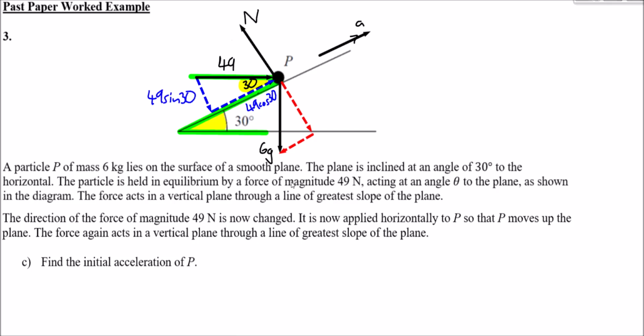So the component going down the slope will be 6g sine 30. Again, needing to know this is 30, but this should be something you've got practice with now. And for completion going perpendicularly downwards relative to the slope, 6g cosine 30.